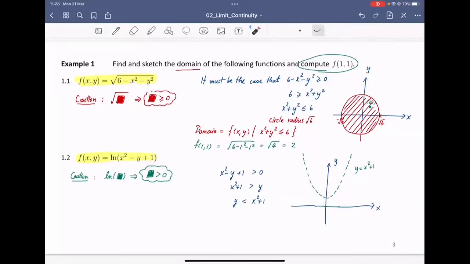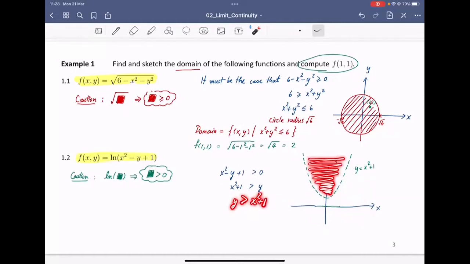So you are looking for the area such that y is less than x squared plus 1. All the area here is the area where y is less than x squared plus 1. If you want the area above the curve, that is the area where y is greater than x squared plus 1.